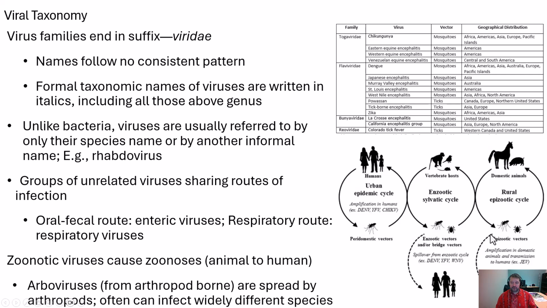A lot of times the domestic animals, pigs, horses, etc., can amplify the virus and maybe show very little signs of an infection, but then when it gets into humans, it can be detrimental to the individual. Okay, so the epizootic is referring to domestic animals.